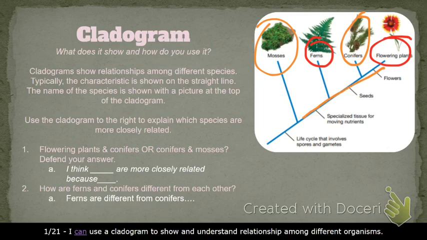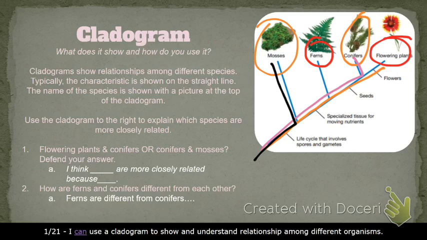We can figure that out by doing our lines. There's flowering plants, here's conifers, and we'll do another one for mosses. If you notice, flowering plants and conifers overlap sooner on this cladogram, so they are more closely related. They have a lot more similarities.